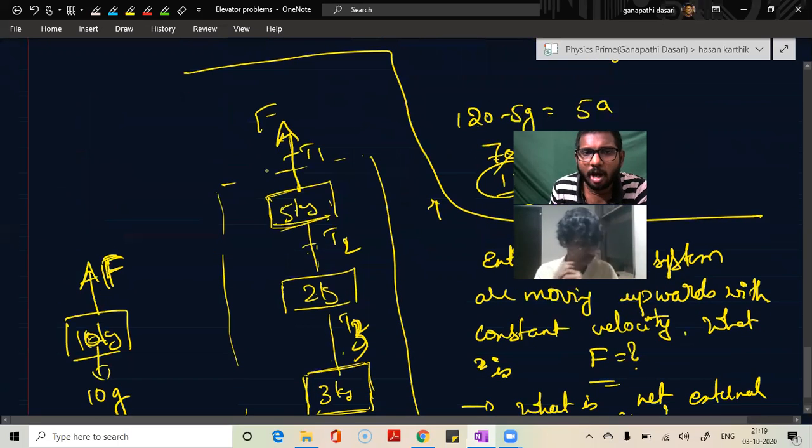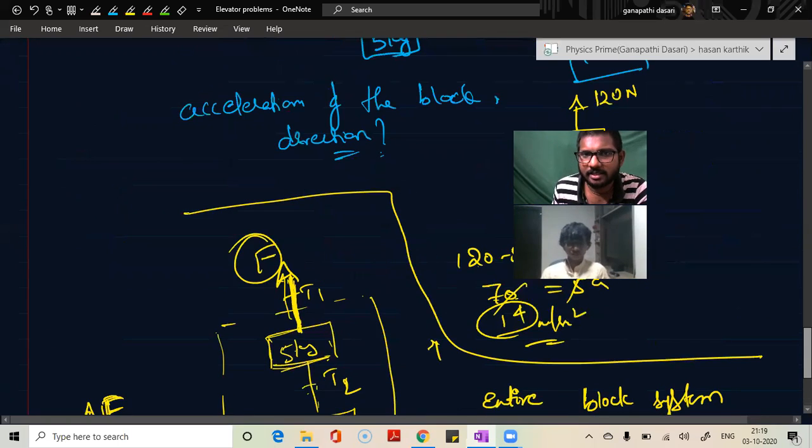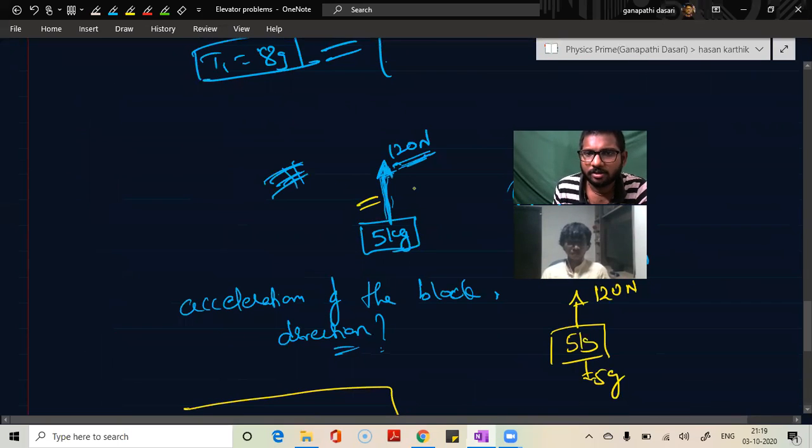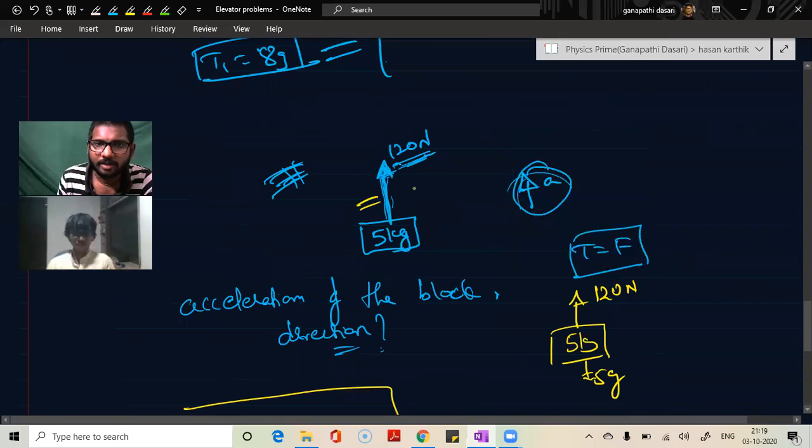Because this topmost string, entire topmost string will get the tension as force. I told you this. This 120 Newton, if I give, entire string got 120 Newtons. In the previous case, like this here, you saw. If I am pulling it with 120 Newton force, this entire string got 120 Newtons tension.